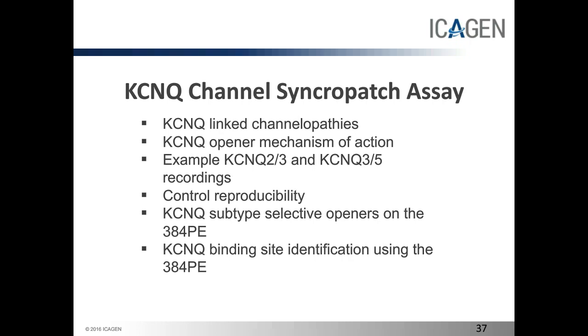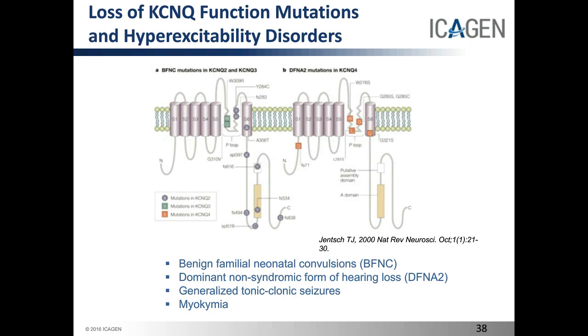So KCNQ channels are known to be expressed in neuronal cells, especially KCNQ 2/3 and 3/5, while KCNQ4 is expressed in auditory hair cells. And loss of function mutations in any of these channel types can cause hyperexcitability disorders, ranging from benign familial neonatal convulsions all the way up to generalized clonic seizures and epilepsy.